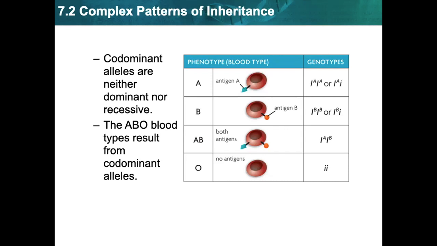Blood type B gives you a different antigen, which you can see as an orange dot. If you have AB, you have both antigens expressed. And blood type O really meant 0, as in 0 antigens. You don't have either on your blood.